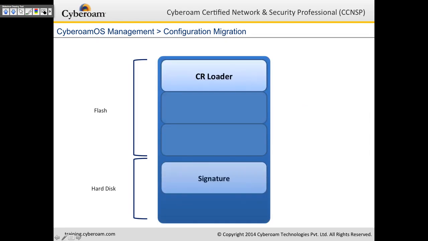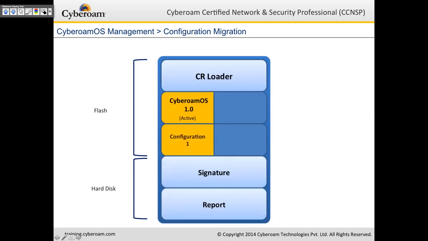Let's have a look at the configuration migration and how 2 operating systems are managed in Cyberoam. So you've got CL Loader, which is responsible for maintaining the operating systems and loading the Cyberoam OS into your appliance.